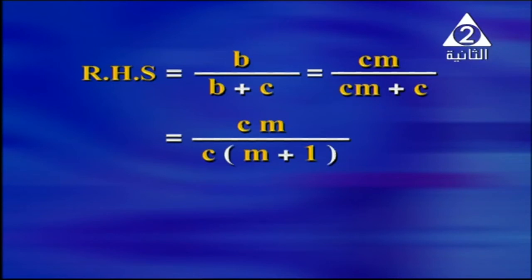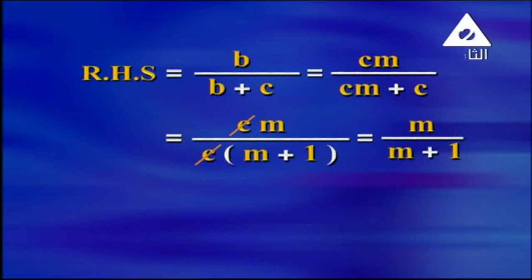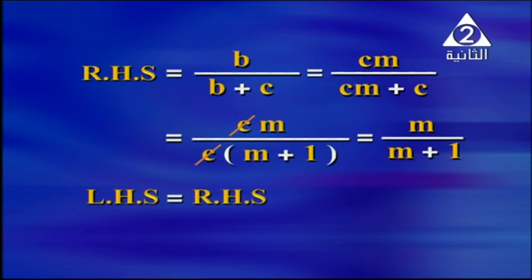By reducing c with c, you are going to find a result of m over m plus 1. In this case, the left-hand side equals the right-hand side, and you have proved what was wanted. Another example.